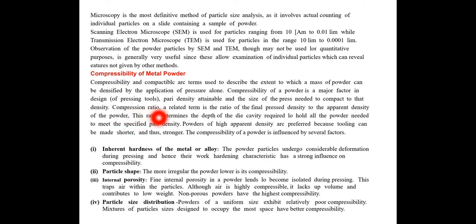The compression ratio is also an important term. This ratio determines the depth of the die cavity required to hold all the powder needed to meet the specified density. Based on the depth of the die, we decide the density of the compacted metal powder.